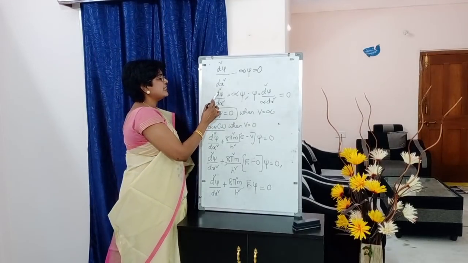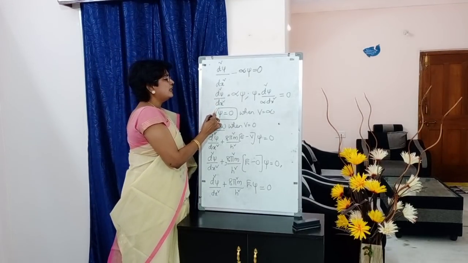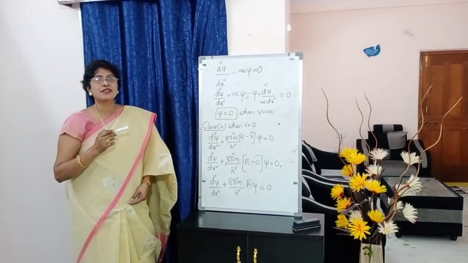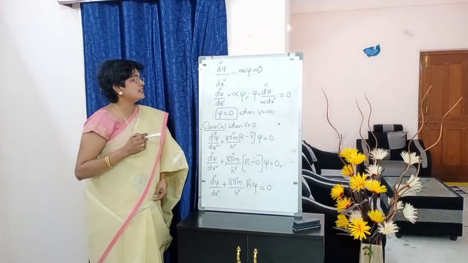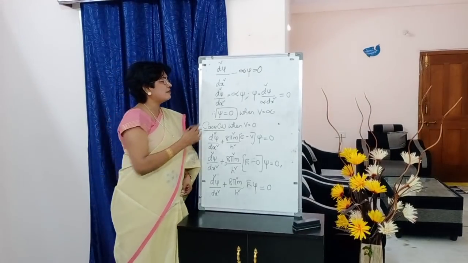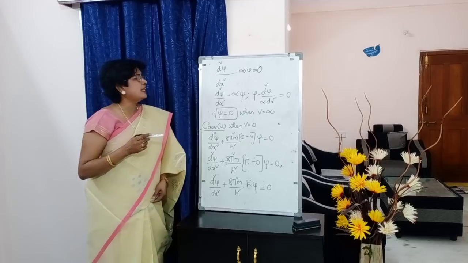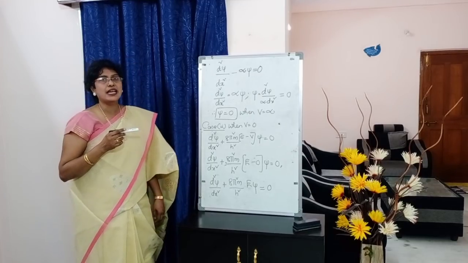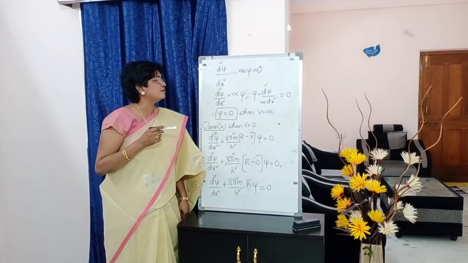So from this expression, students, look here, psi is equal to d square psi by dx square into infinity. Okay, what is that students? From this expression, psi is equal to d square psi by dx square into infinity.